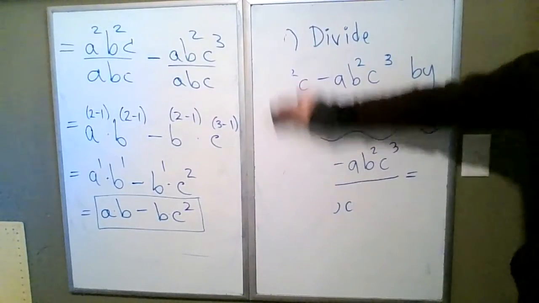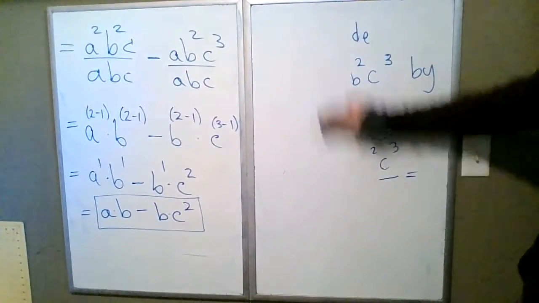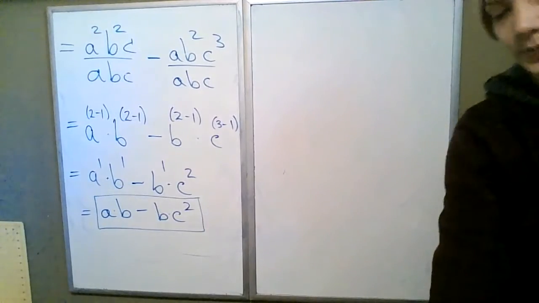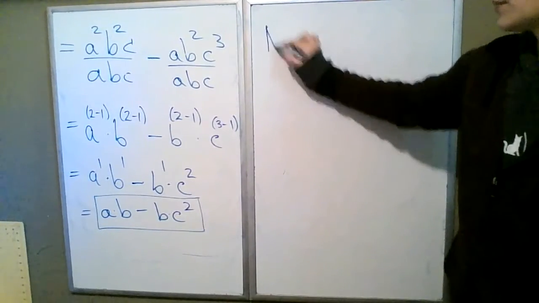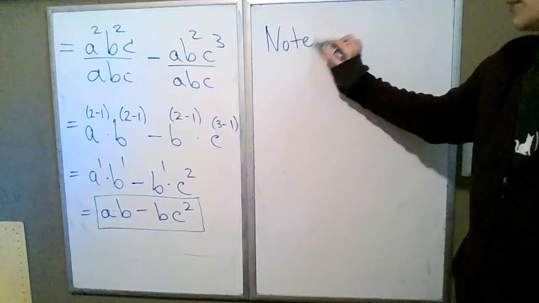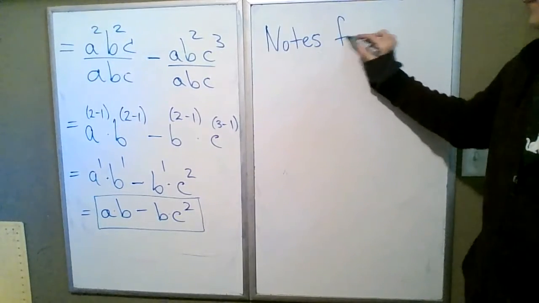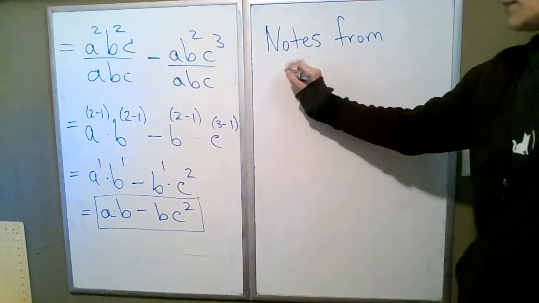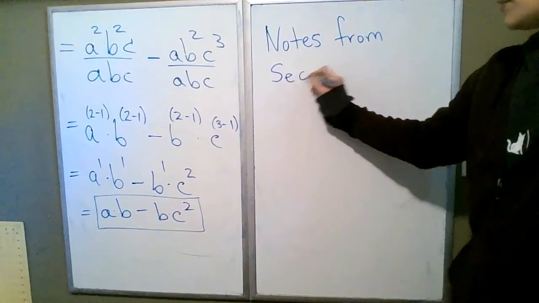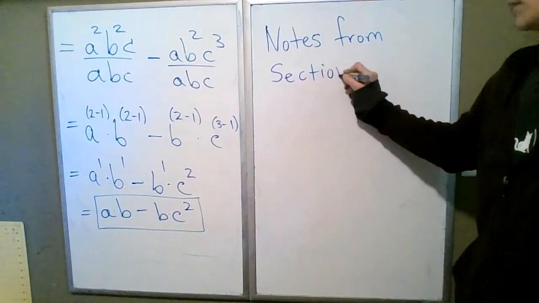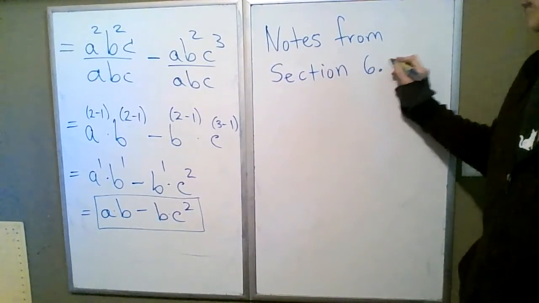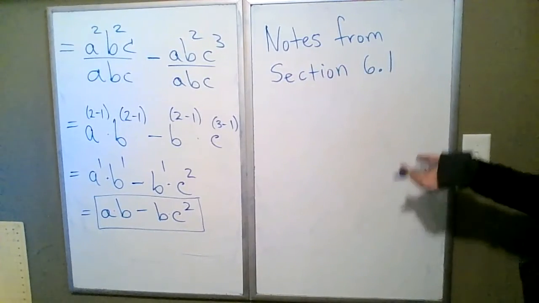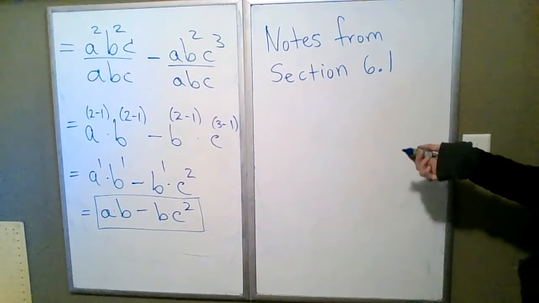Okay, there are two things we need to talk about from section 6.1. This will help you with the end of your current homework, the last like 4 or 5 problems.